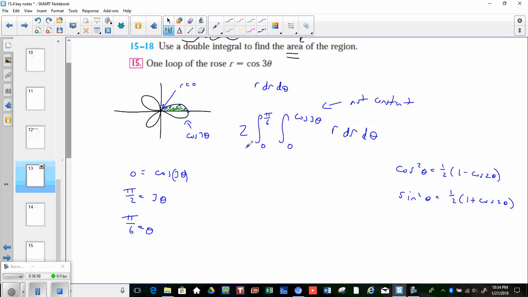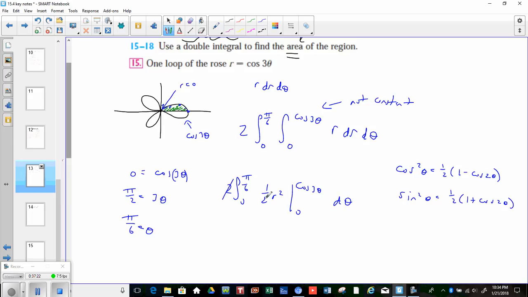So here's what's going to happen. We're going to have to integrate with respect to r first. So we're going to get 2, 0 to pi 6. That's going to give us 1/2 r squared from 0 to cosine of 3 theta d theta.